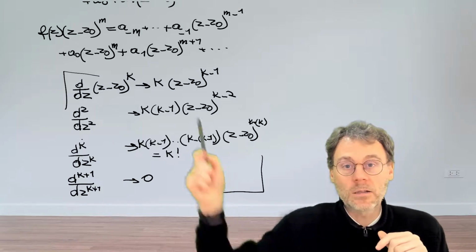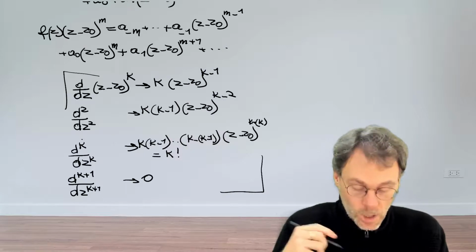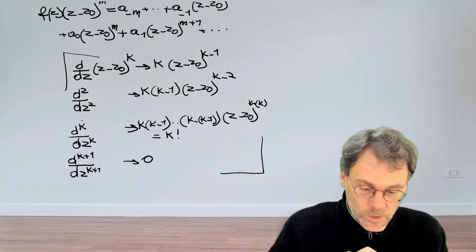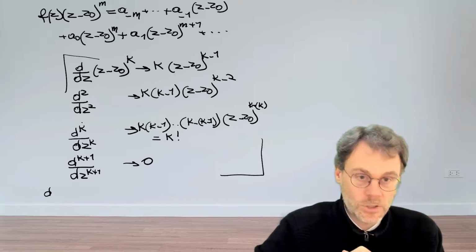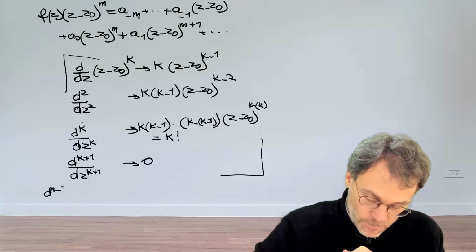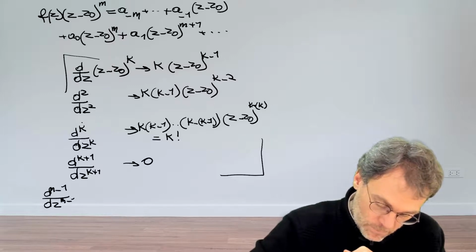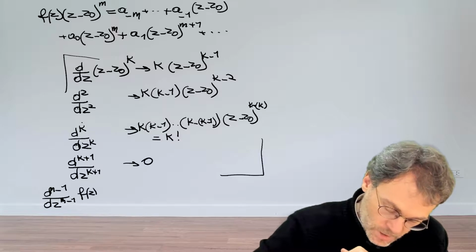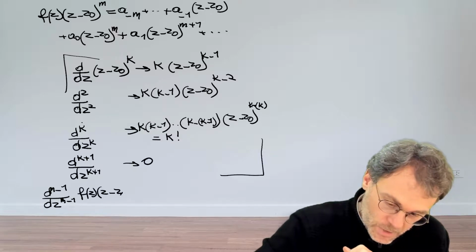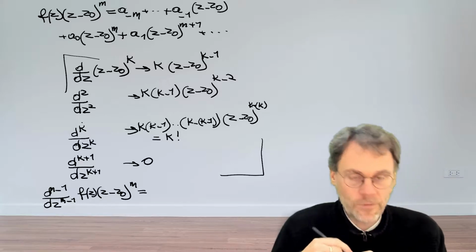So this is useful information to have when we now tackle taking the derivative of this whole beast up there. So what happens when we do that? When we take the derivative k times, sorry, we need to take the derivative m minus 1 times in this case. So the m minus 1th derivative of our function f of z times z minus z naught to the power of m. What do we have?